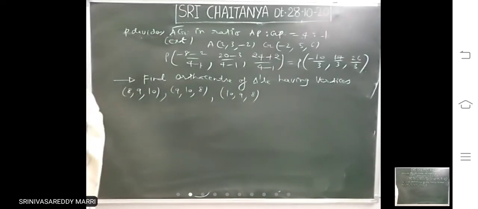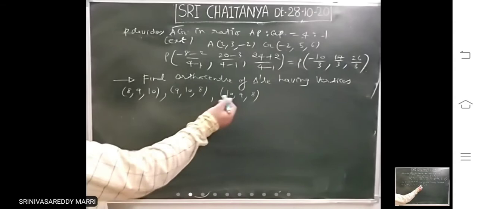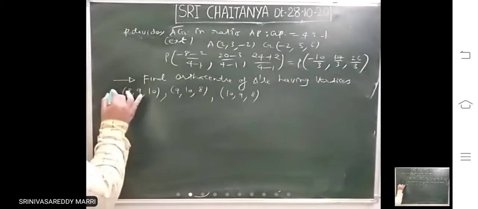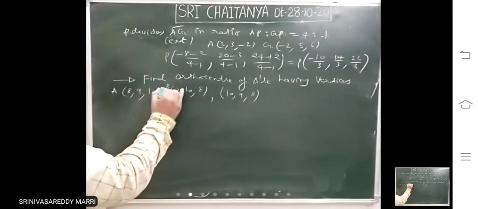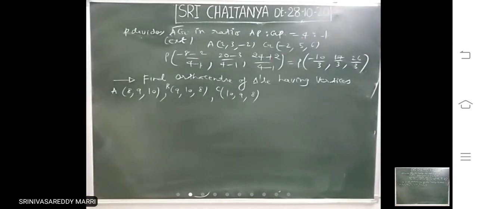Whenever orthocenter or circumcenter is asked, first check whether you can find any point equidistant from the vertices. A is this, B is this, C is this, right?